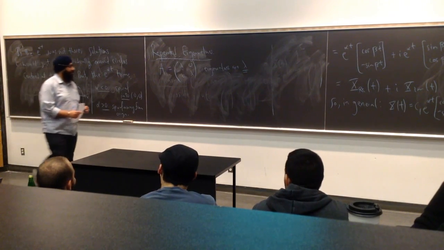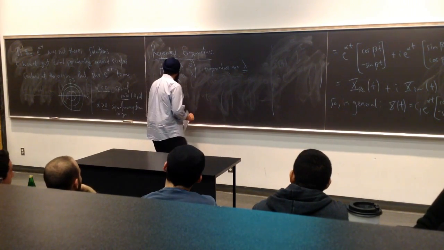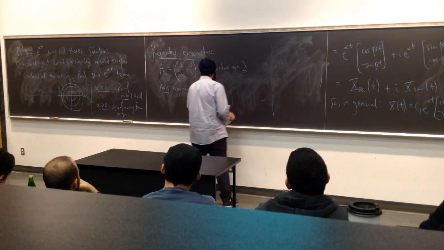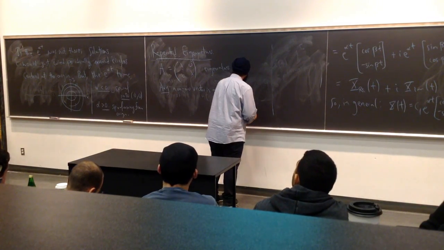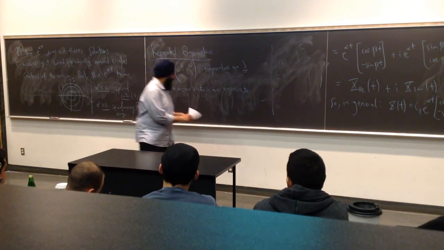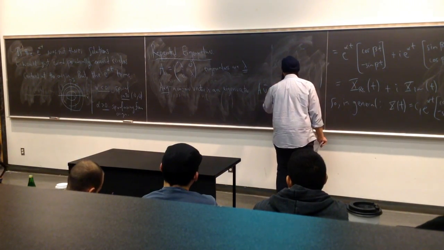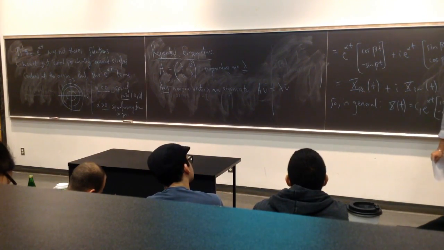So my claim is in fact that any non-zero vector is an eigenvector of this, because you can show that A times b will always equal lambda b, for any b, because lambda is repeated.